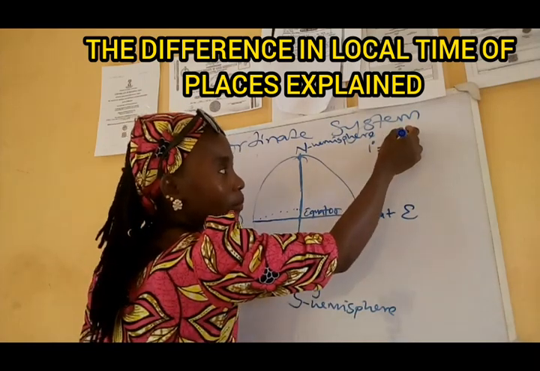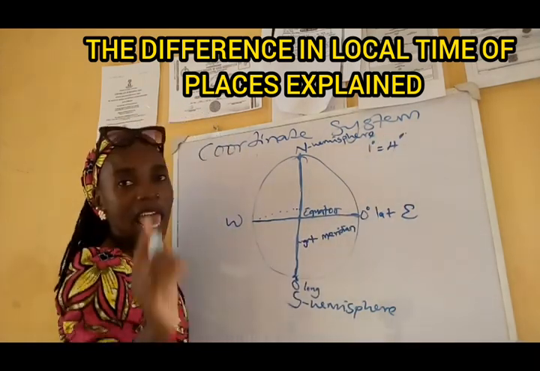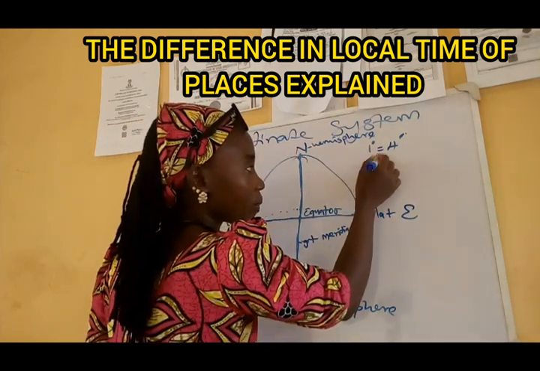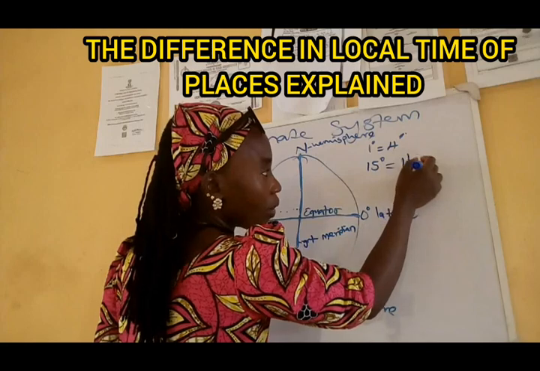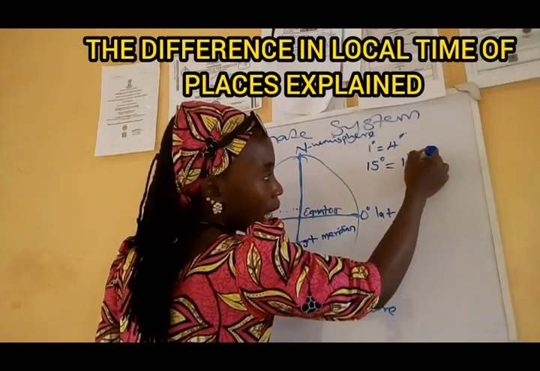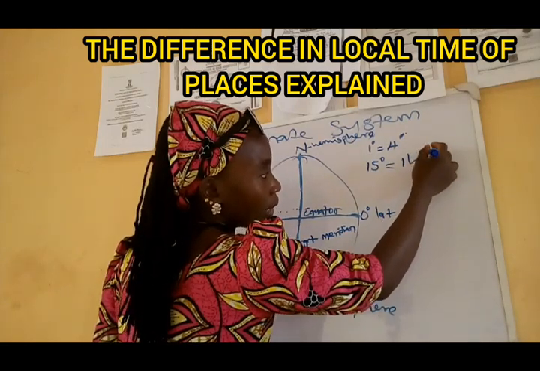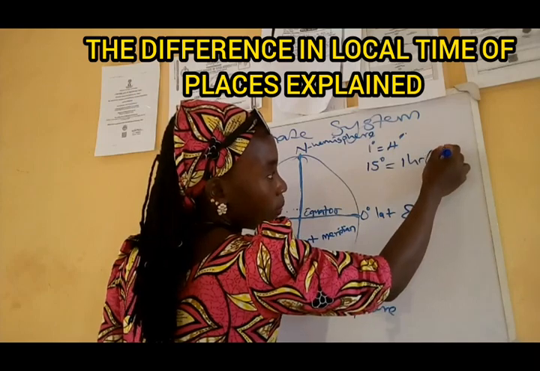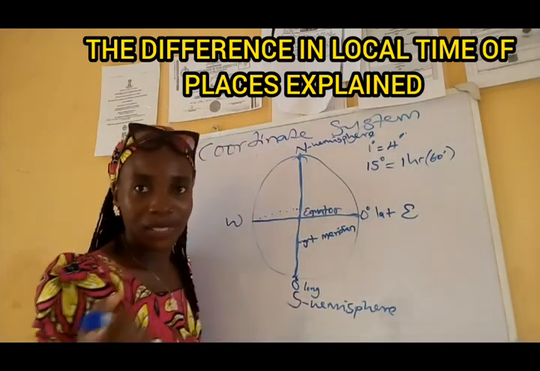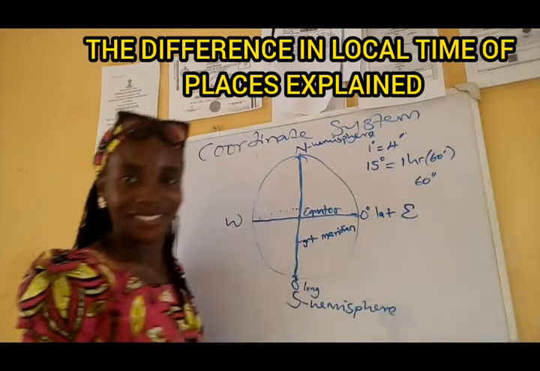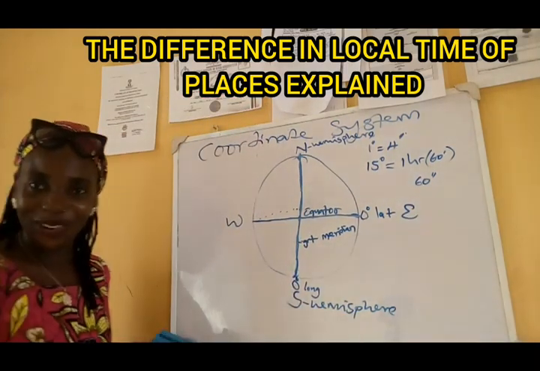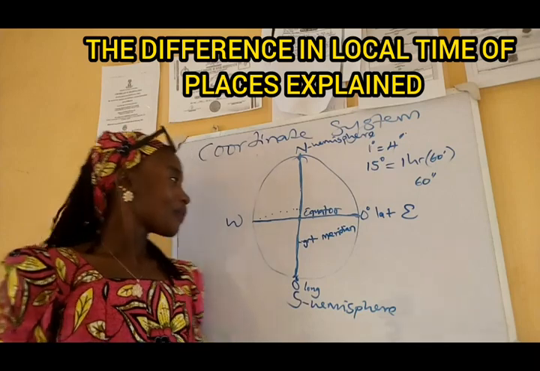Then every 15 degrees is equal to 1 hour, or 60 minutes. This is geography.